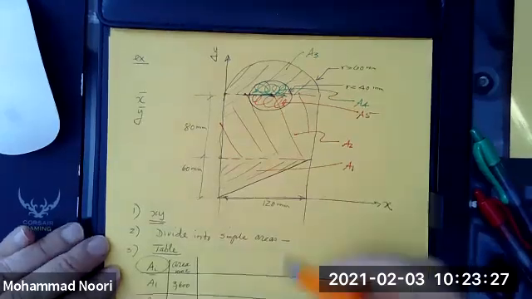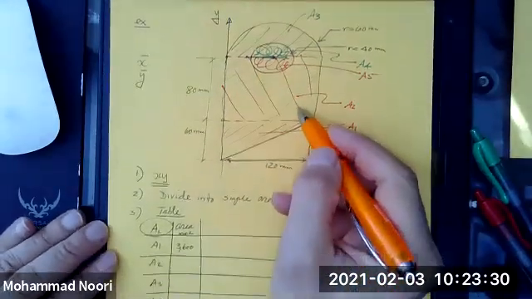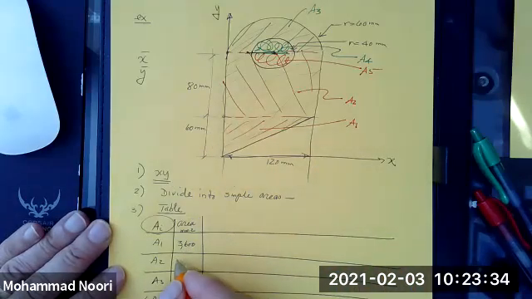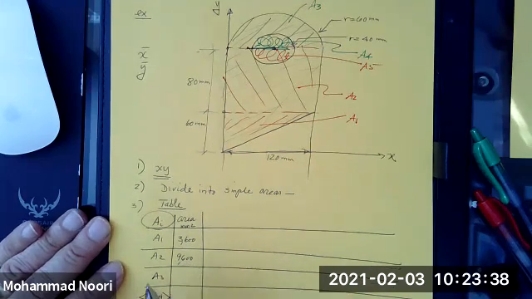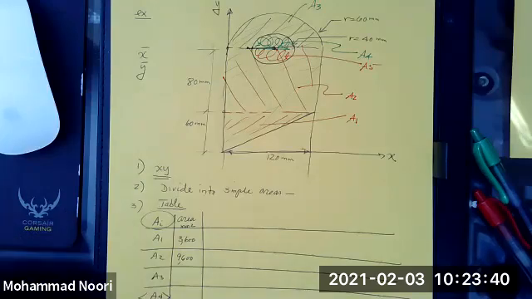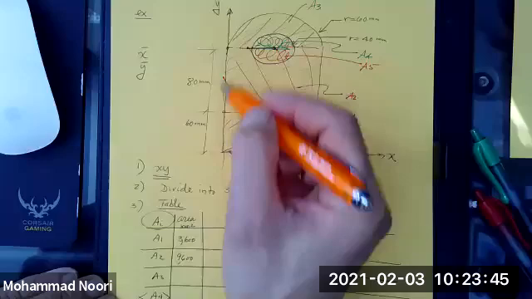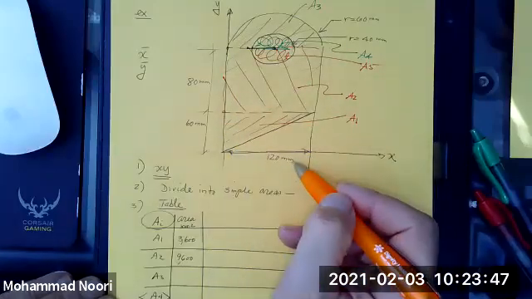So area 2 is this rectangle, which is 80 by 80. So that would be 9,600. Oh, I'm sorry, that is 80 by 120. That's 9,600.